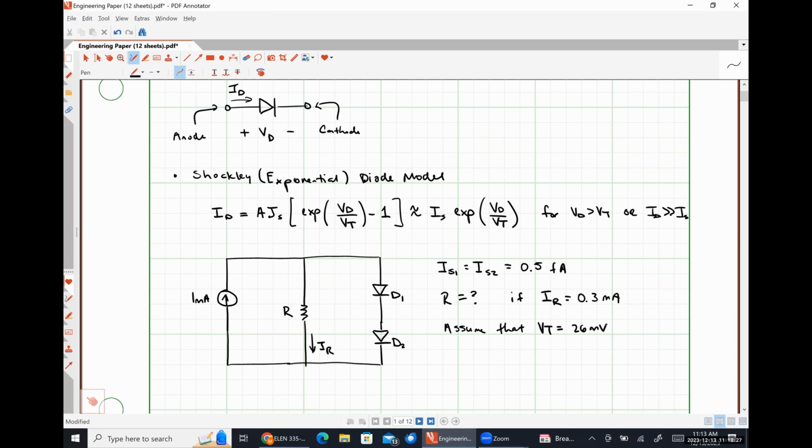Daniel: Could try and find the current through the right side of the circuit by using current division. We can't use current division. We can use Kirchhoff's current law for sure. Drawing a blank here. Jacob, I think you had your hand up a moment ago.